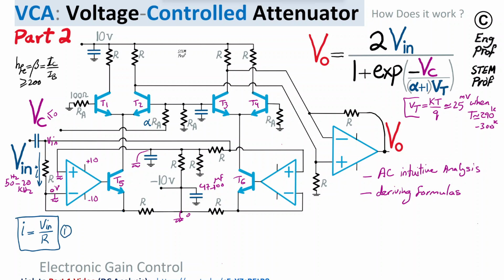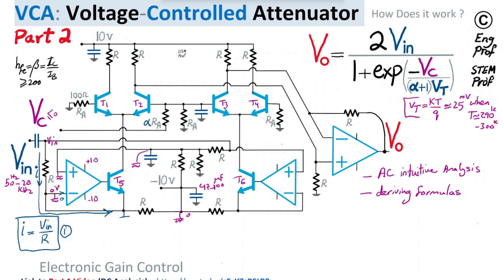Obviously this current can't go to or come from the input terminal of the op-amp, which has practically infinite impedance. So the only way current can go is this way. All right, so what is the next step? Well, this node is 0 volt AC-wise, because it's connected to the negative terminal of the op-amp, which is AC ground.